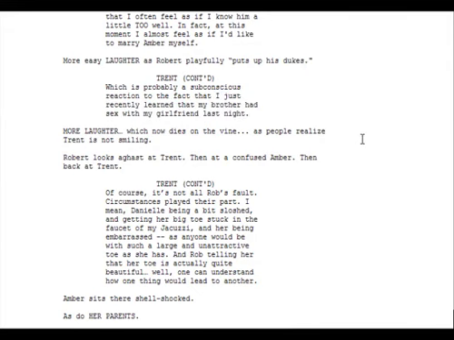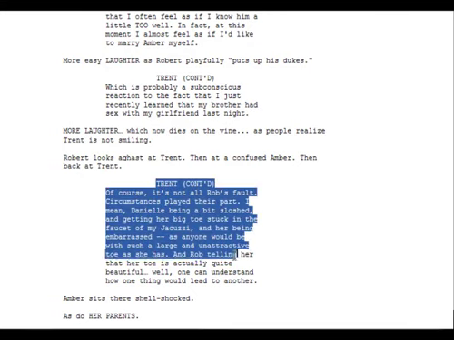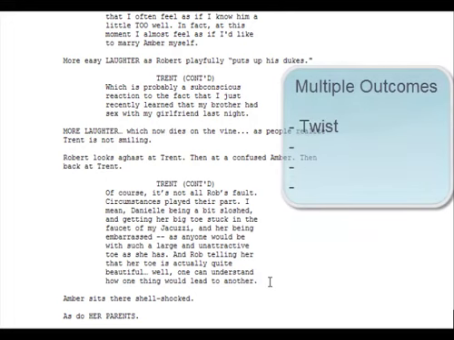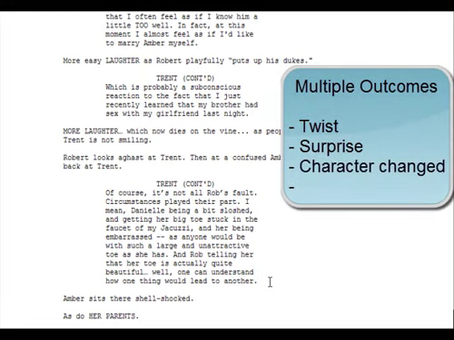The moment it becomes clear, both there and in this whole section where he tells the whole story, a bunch of things have happened. Number one, we have a twist. Something has changed here. Number two, it's a surprise. Oh my God, he slept with them, and it's a surprise not just to everybody else, but also to Robert. Number three, this character Trent has just changed radically.